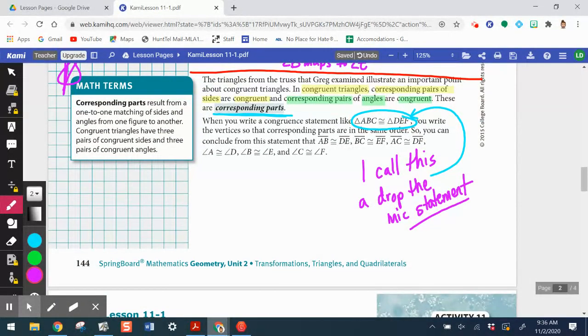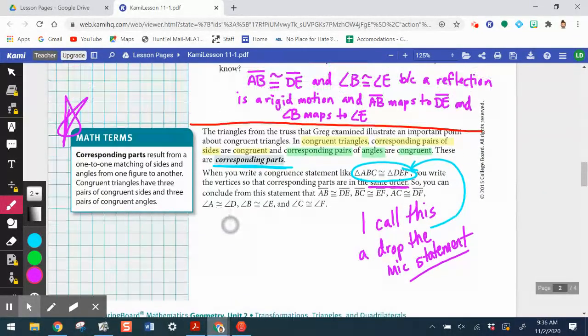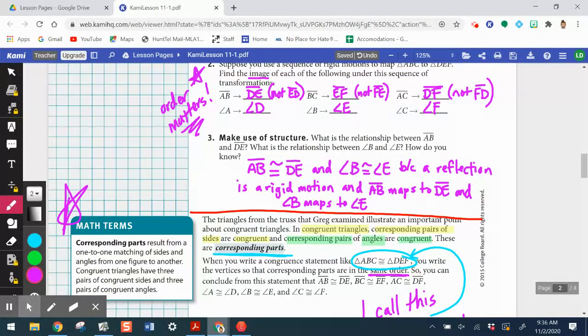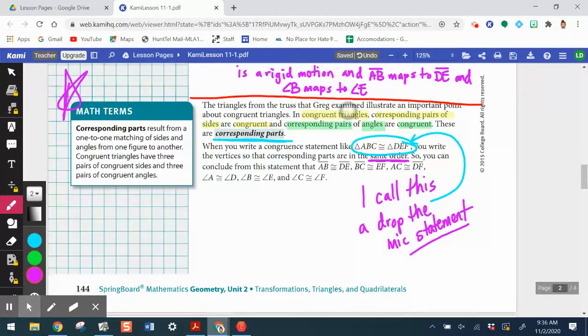So it said, when you write a congruence statement, that's what this is referred to as, you write the vertices so that corresponding parts are in the same order. That's why I tried to emphasize back here that order does matter. If you notice, I call this congruency statement the drop the mic statement. You know what happens when someone's on stage and they drop the mic? It's because they've said all that they need to say and it's time to get off the stage.